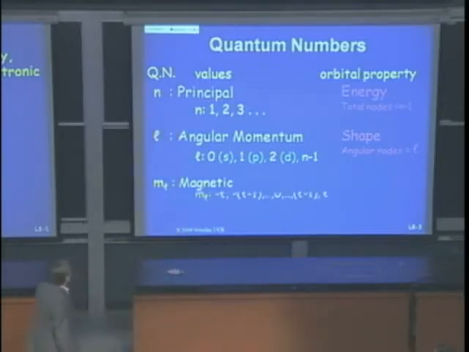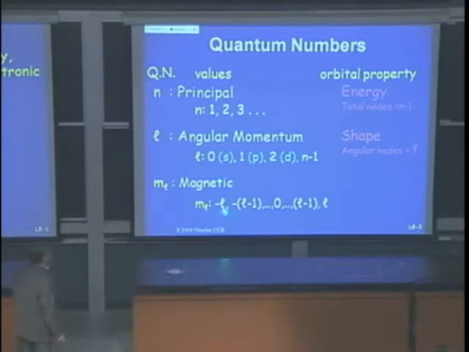So the magnetic quantum number can go from minus L, to minus L plus 1, to 0, to L minus 1, to L. That means it gives you the orientation in space, okay? So if you have an S orbital, what is L? 0, no orientation. If you have a P orbital, what's the orientation?